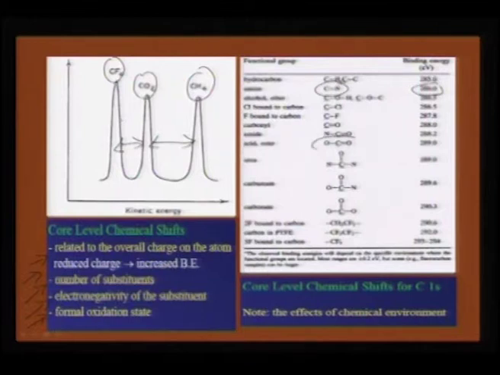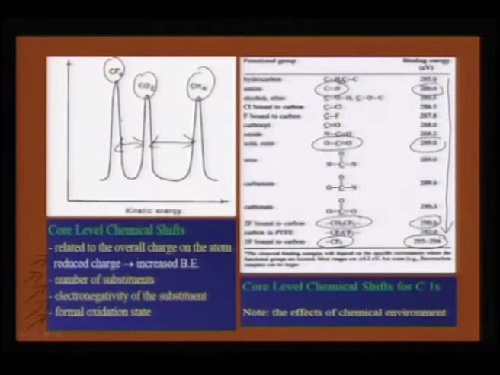In the case of a keto group or ester group, it is 289, and when we go to fluorocarbons, it is 290, and when we go to complete substitution, CF3, you can go to 293. As you see here, the range of shift in binding energy for carbon 1s can vary from 285 to 293, which is nearly 12 electron volt, and that totally depends on the substitution going along with the carbon atoms.